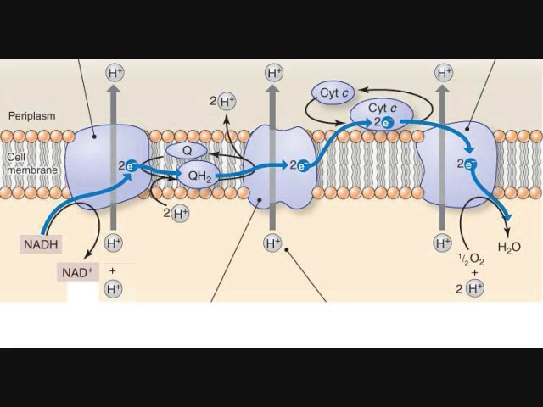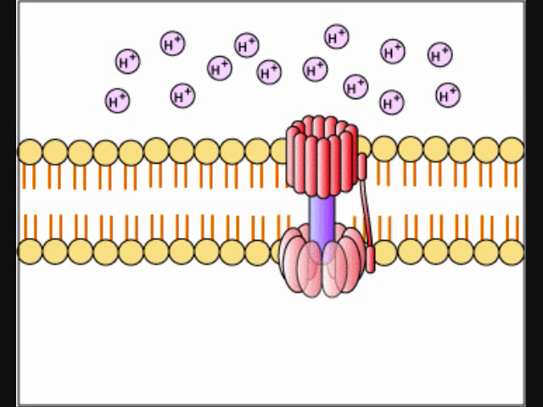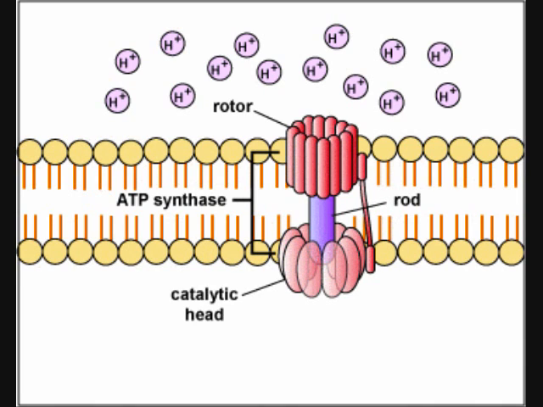These electrons travel via ubiquinones and cytochromes, which are shuttles between structures. Cytochromes are membrane-bound proteins which contain a heme group to carry electrons. Electrons then enter ATP synthase, a protein channel through which protons diffuse from outside into the cell.